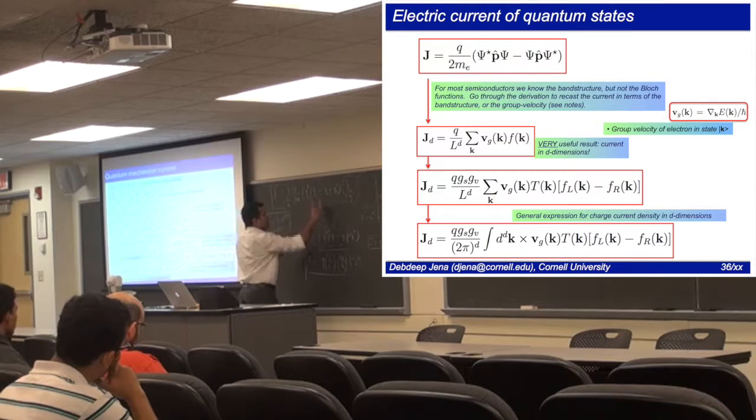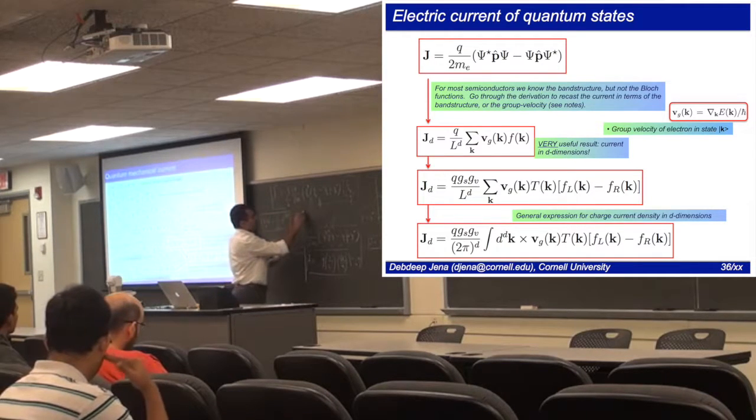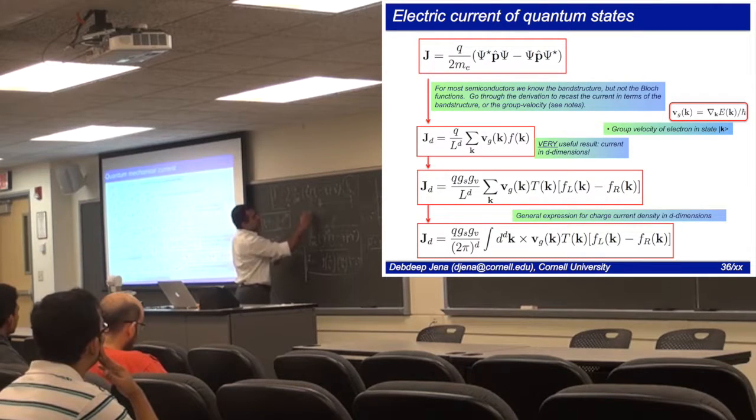So applying this same strategy that we did here for just one particle, if we take it to many particles, this expression essentially starts looking like this. So each k state is going to contribute Q.